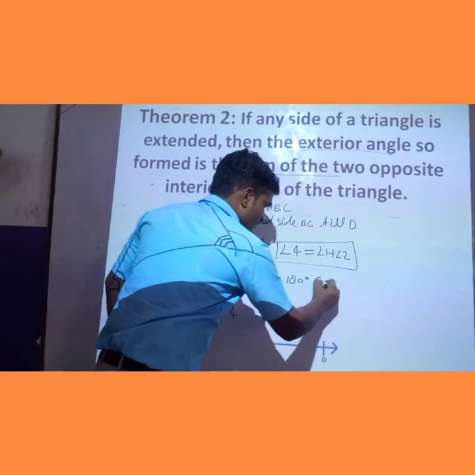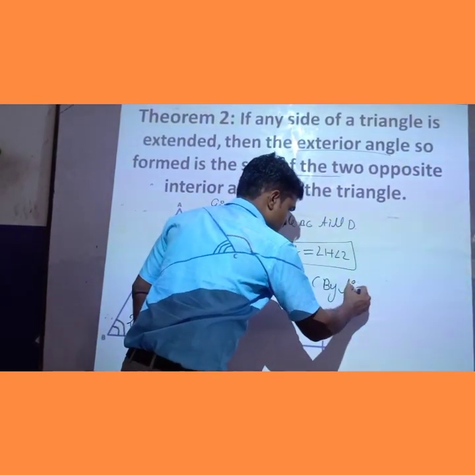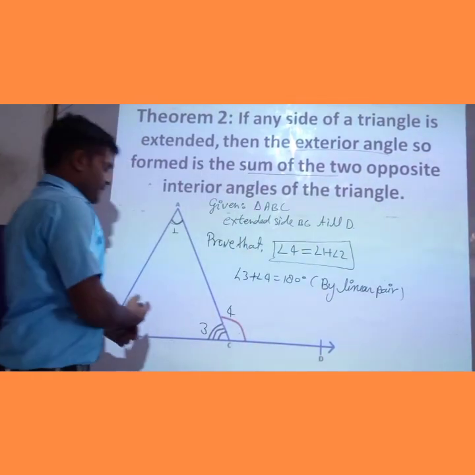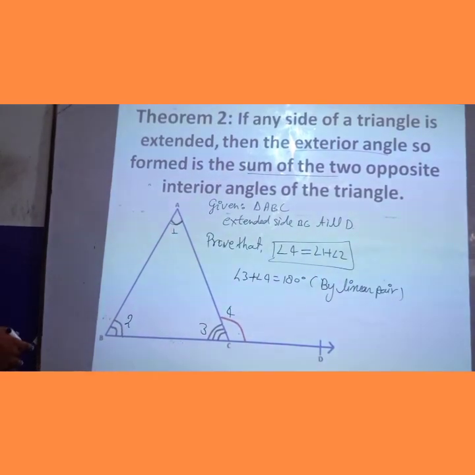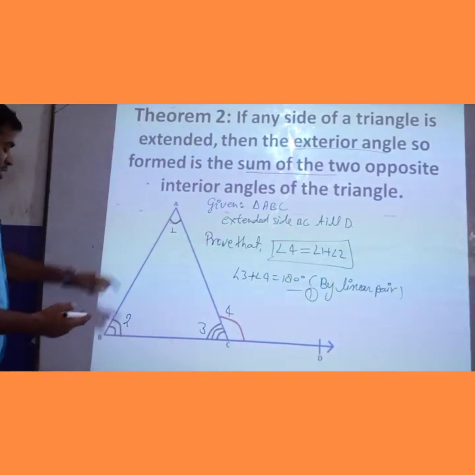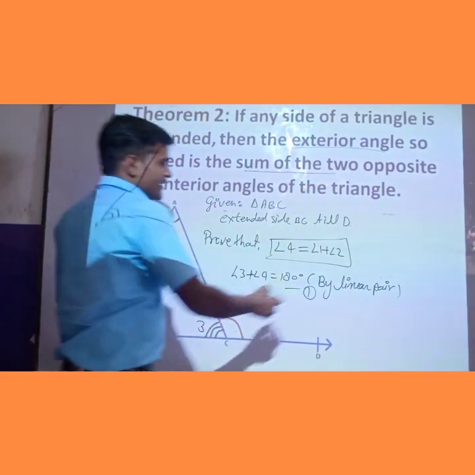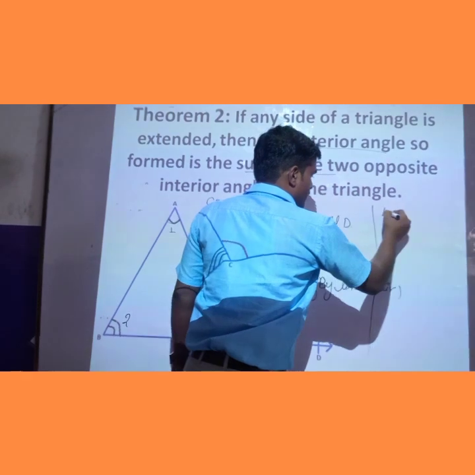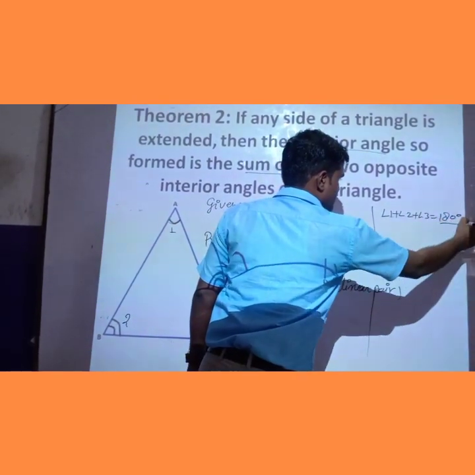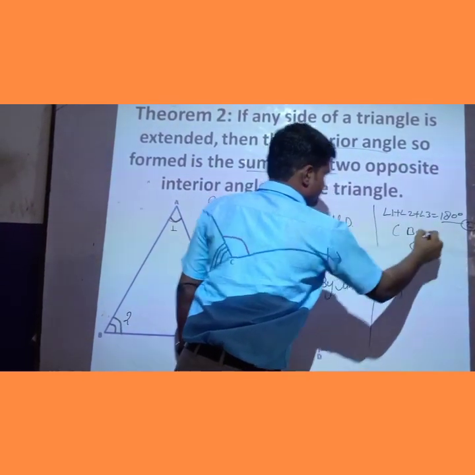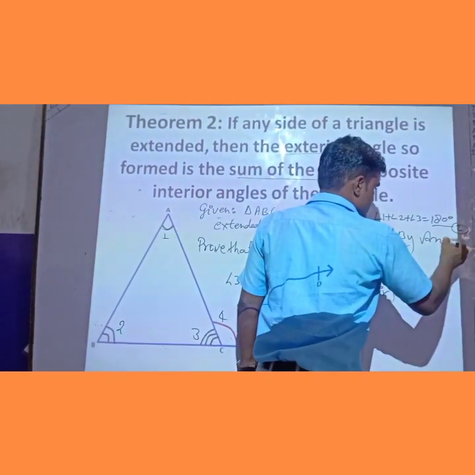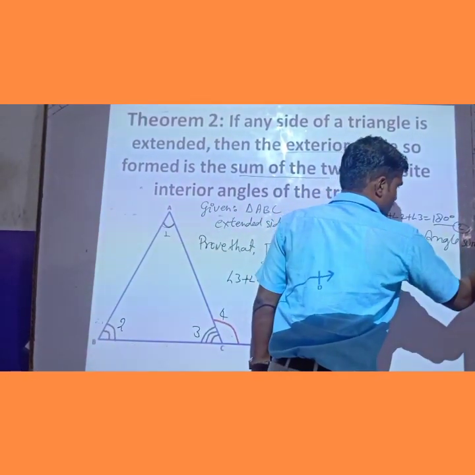So we write 'by linear pair'. This is equation number 1. As we know, the sum of the interior angles of a triangle is 180 degrees, so angle 1 plus angle 2 plus angle 3 is equal to 180 degrees. This is equation number 2, by angle sum property.